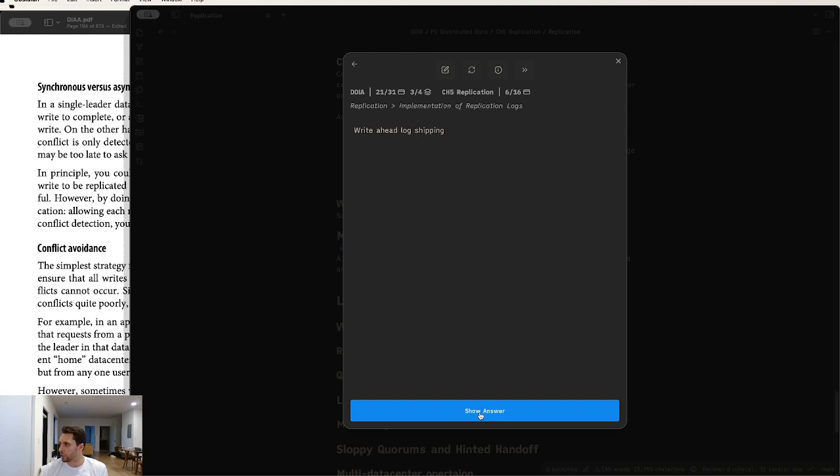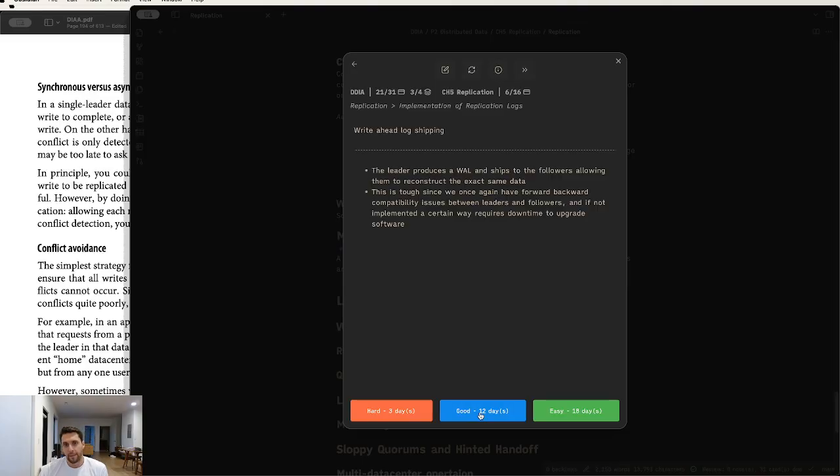Write ahead log shipping is you maintain a WAL and you use that to update replicas. Yeah, backwards forward compatibility with this. Okay.